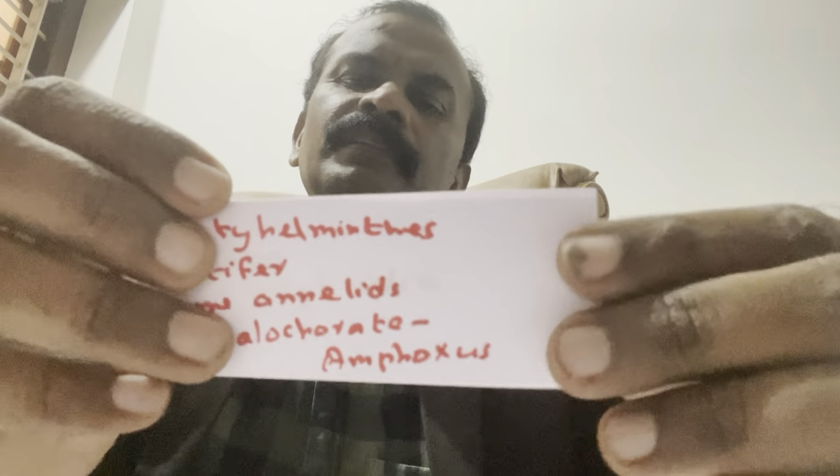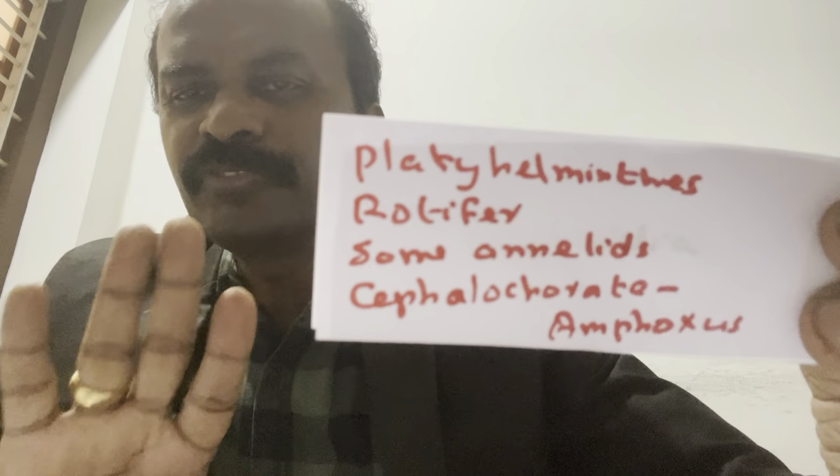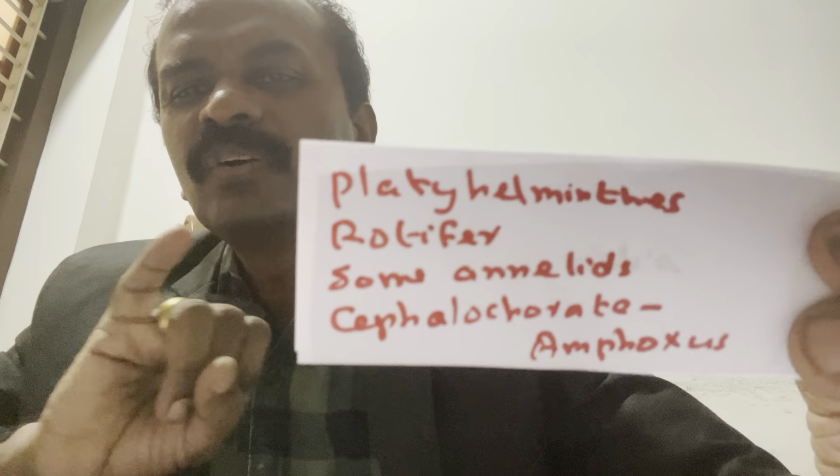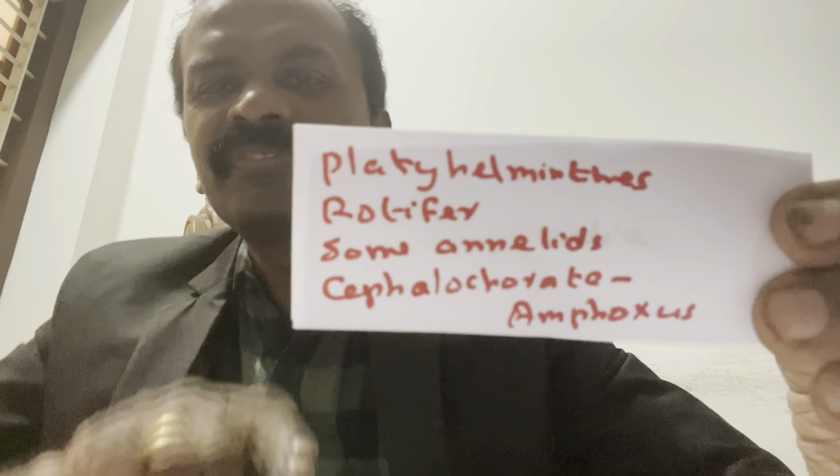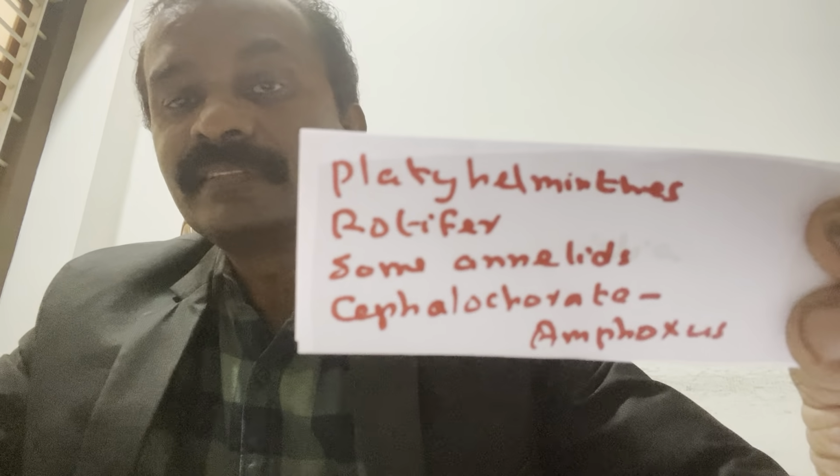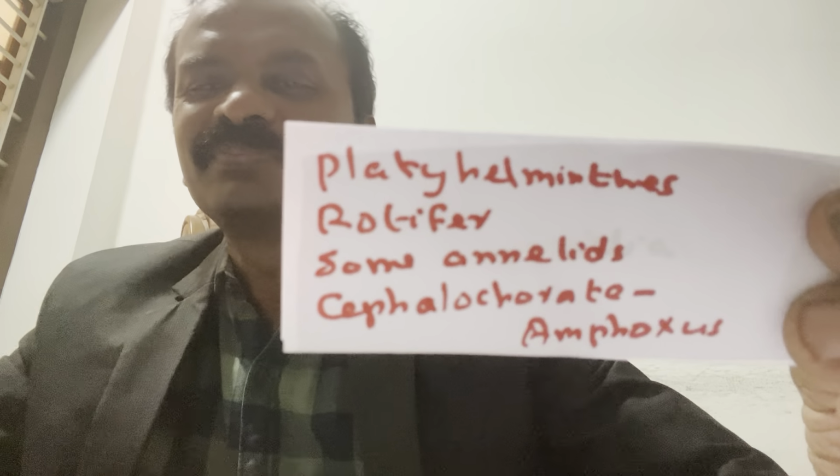What is the question? Protonephridia. See, there are 4 MCQs in front of you. They will ask, what is the excretory organ of rotifer? That time it will be the toughest MCQ.